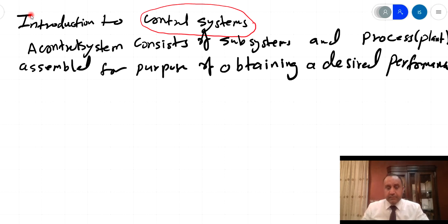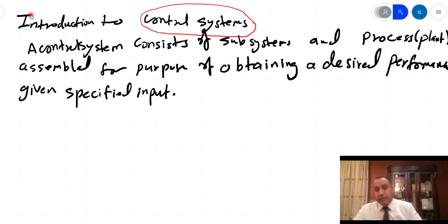Of course, given a specific or specified input. So do you see why I'm trying to write? Actually, I'm trying to control the pen such that I can write in line.